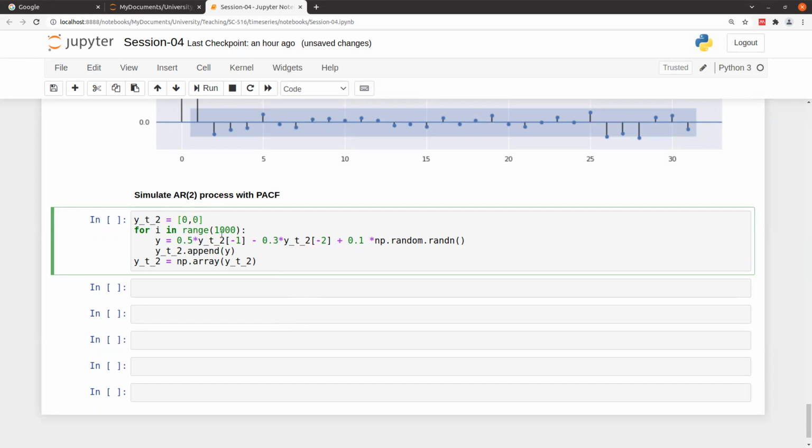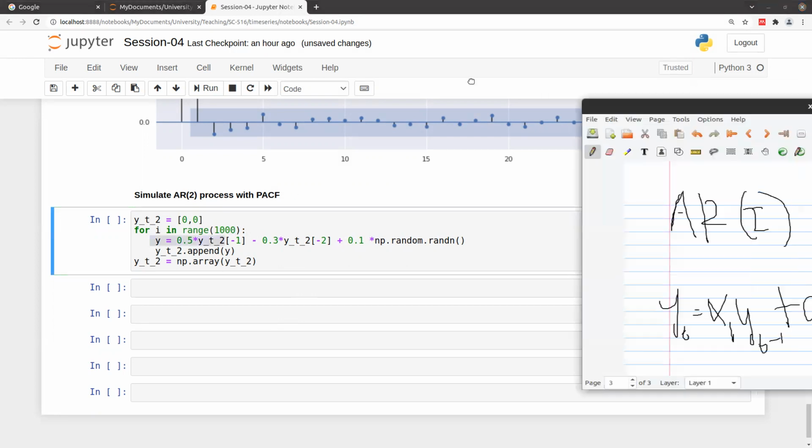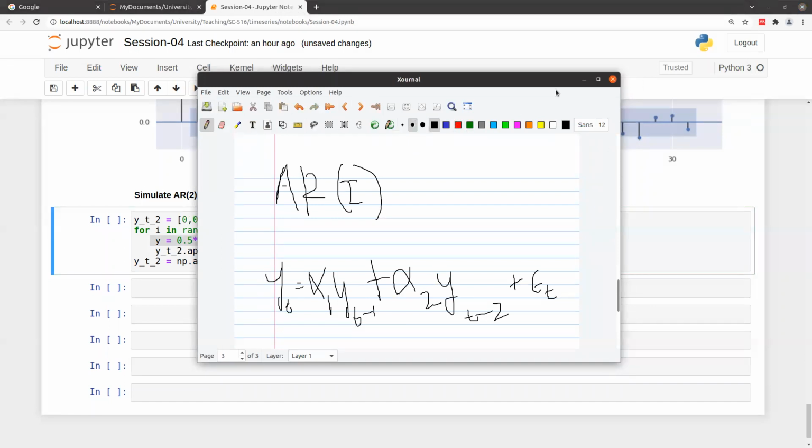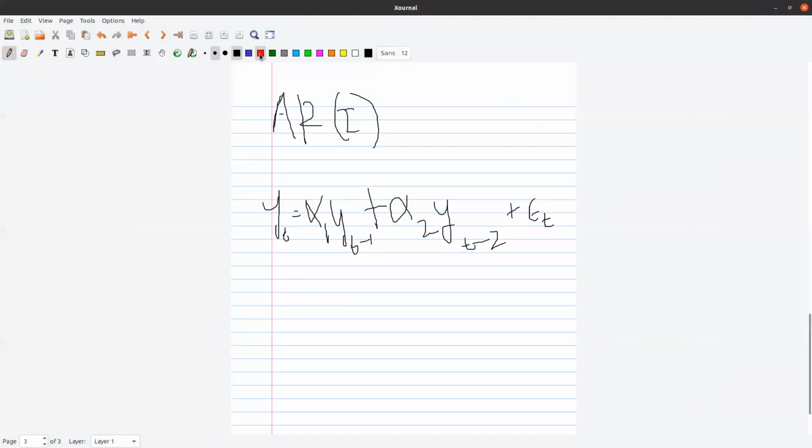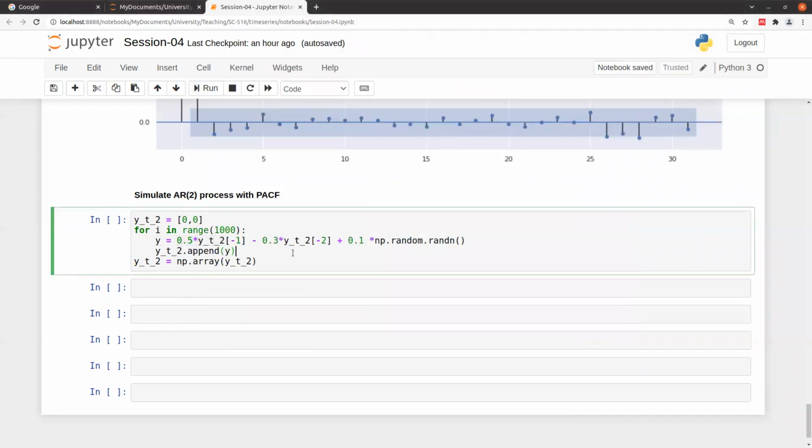Then we are simulating the 1000 data points. This is the equation with respect to this: there should be the previous value, and this is the second previous. Alpha 1 you can set, alpha 2 you can set. This is random noise. Okay.